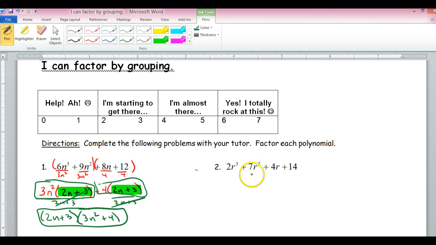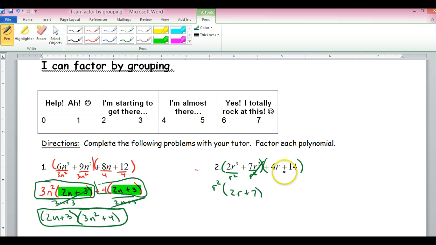So, next example. As soon as I see four terms, I look, no greatest common factor. So I group the first two and the last two terms. What is the greatest common factor between 2r to the third and 7r squared? Well, 2 and 7 have no common factor, but r squared. If I divide by r squared, 2r to the third divided by r squared is 2r, plus 7.